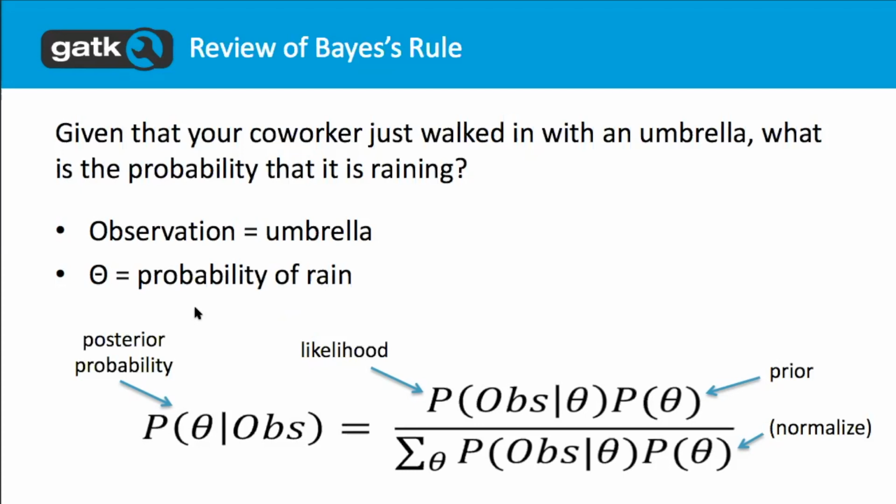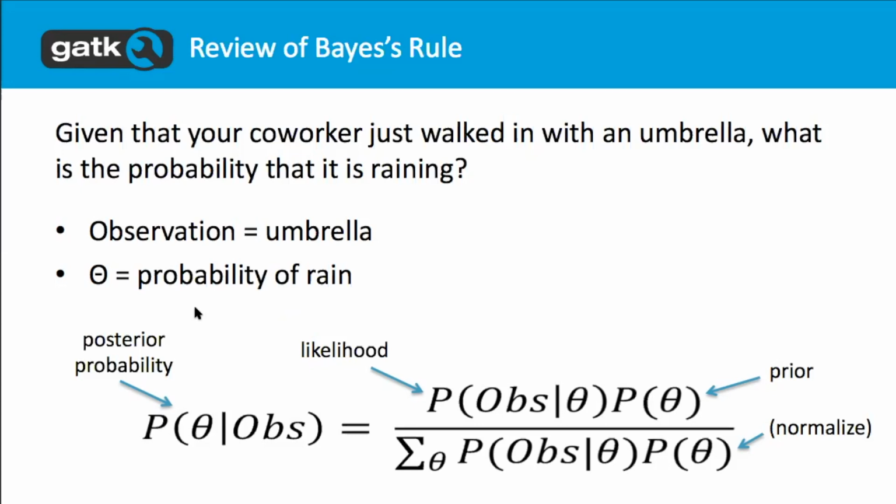come in. Because if you're living in, let's say, London, and somebody walks in with an umbrella, and you know it rains a lot in London, you're going to say, yeah, I've got a very high prior, very high expectation that it's raining.